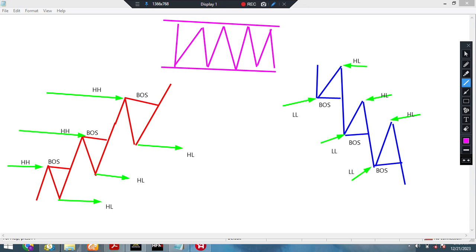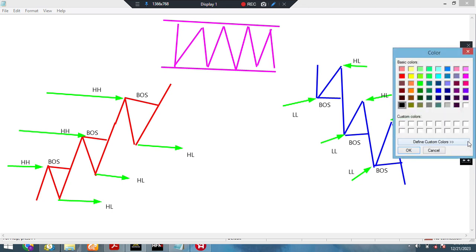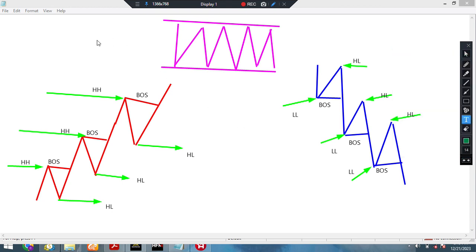So these are what occur in trade. Whenever you open a chart, this is what happens. So this one is called an uptrend, or bullish trend.